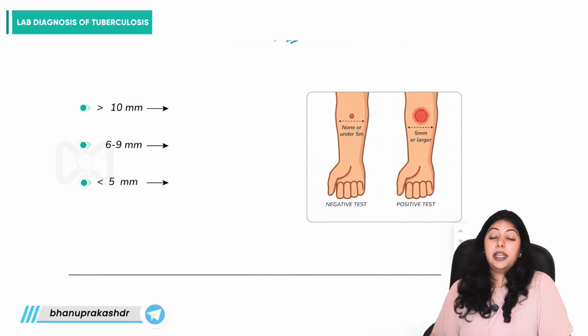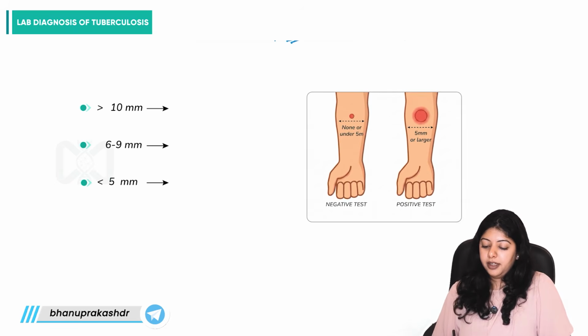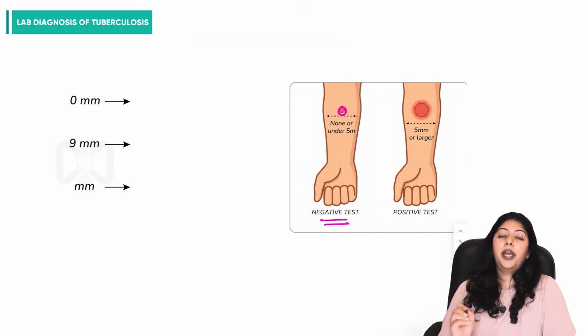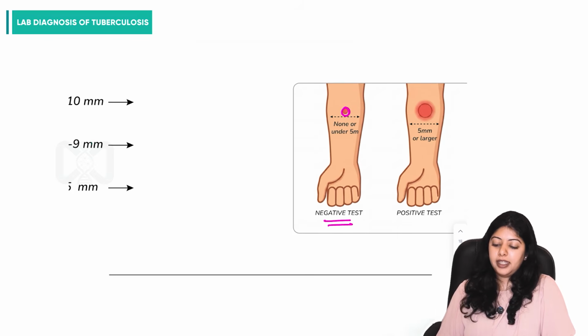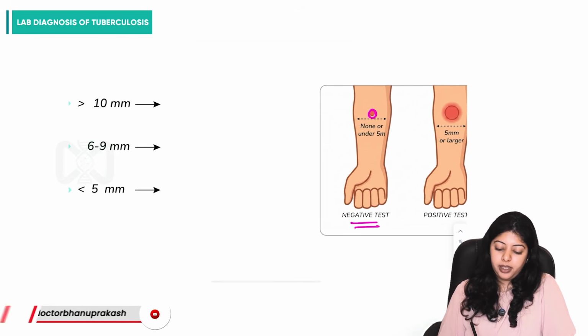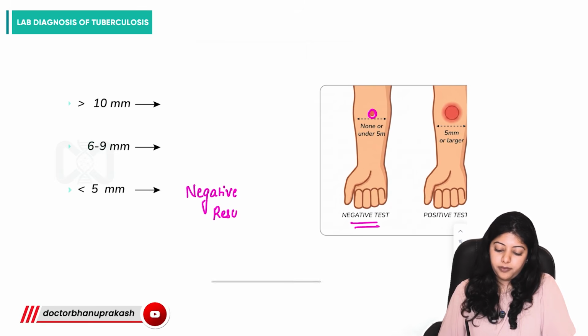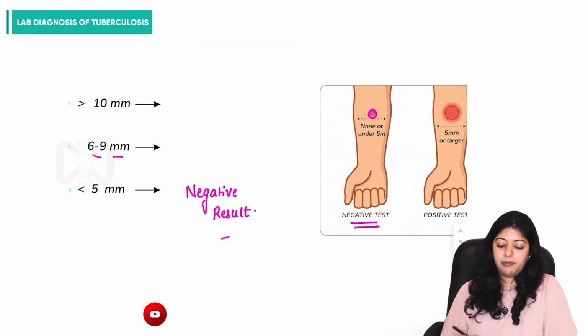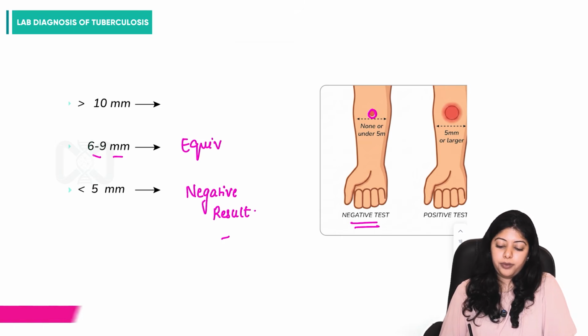So now let us interpret the results. If there is none or an induration less than 5 mm, then this is a negative result. If it is 6 to 9 mm, then we consider it equivocal.